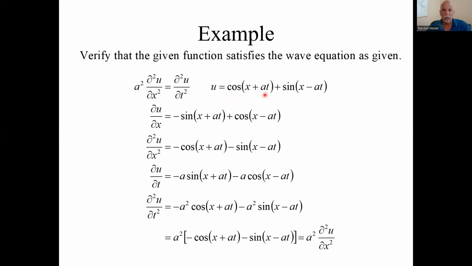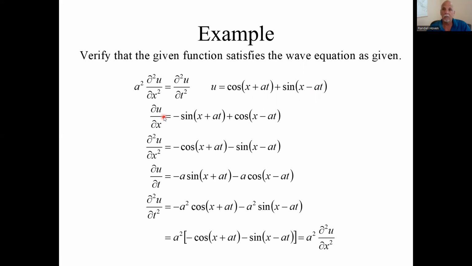So we just start taking these derivatives. We'll take the second derivative with respect to x and see if it's the same as the second derivative with respect to t, except with a squared. So how do you take the derivative of u with respect to x?